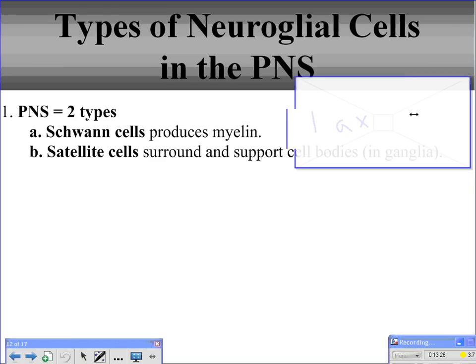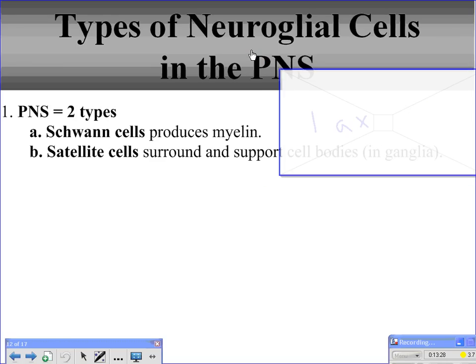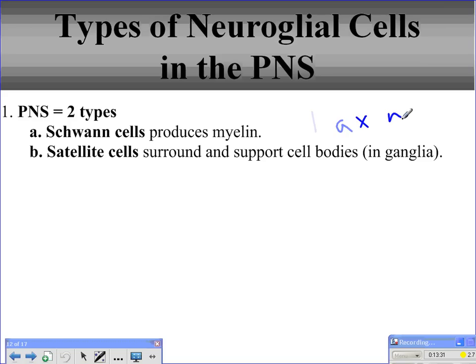One axon in the peripheral nervous system. You'll find that's different when we talk about the oligodendrocyte in the central nervous system. The oligodendrocyte does a similar function, but can wrap around multiple axons.